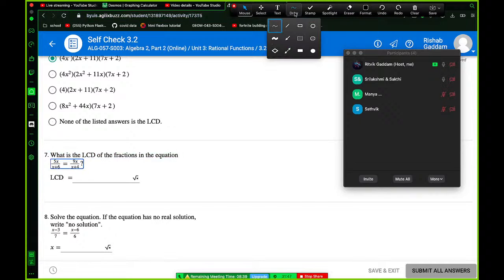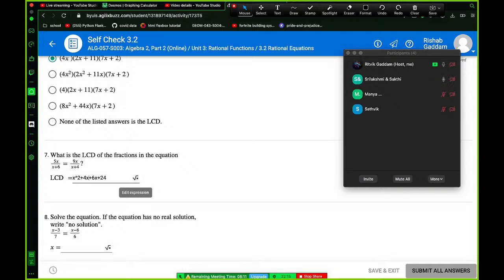So that would be x squared plus 6x plus 20. And that's actually 24.